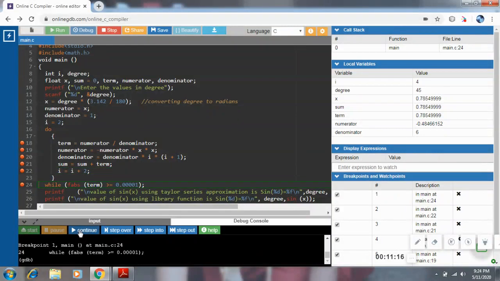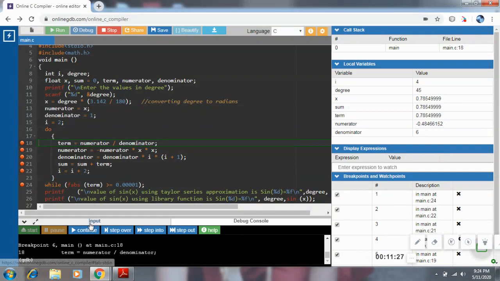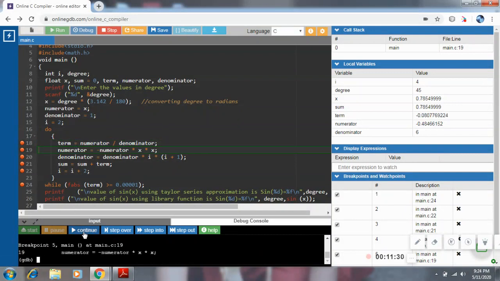It will check the term again, and it is true. That is the reason it again executes the loop body. The second term value will be calculated. Sum equals sum plus term. The denominator value will become 120, the third term denominator, that is factorial 5.